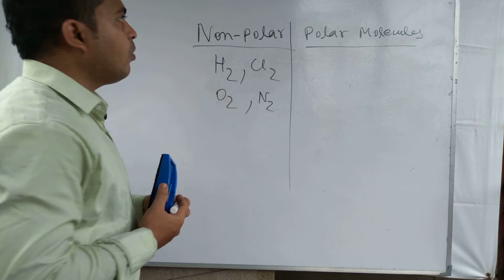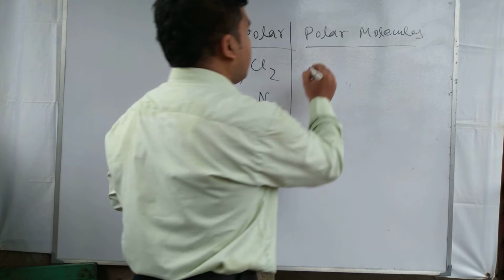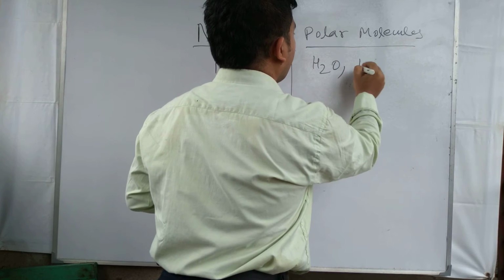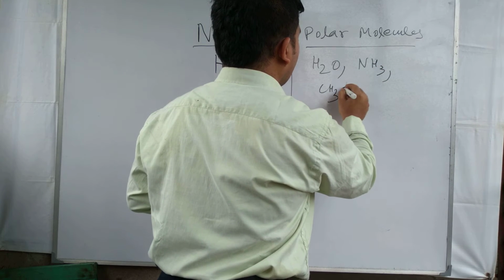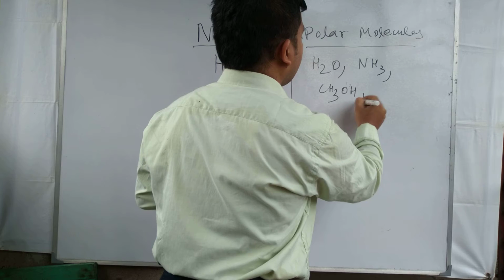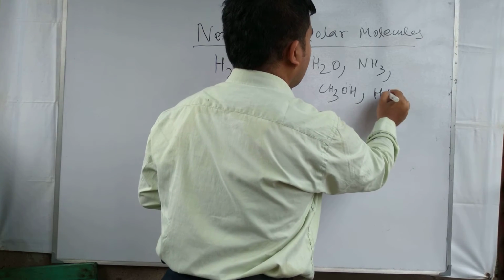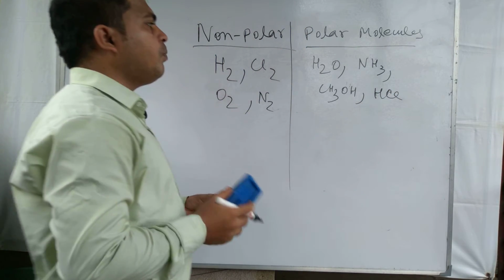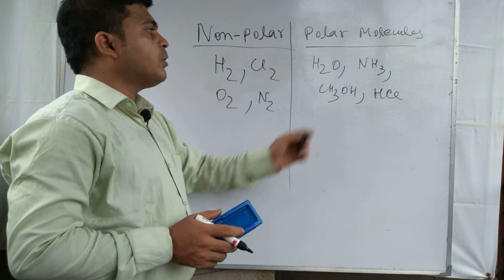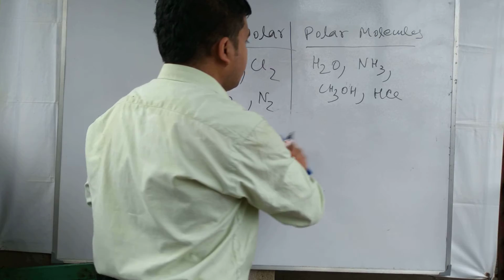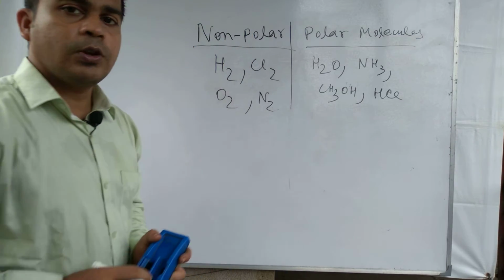Polar molecules are H2O, NH3, CH3OH and HCl. These are examples of polar molecules. These molecules have polar bonds, so for this reason they are polar molecules.